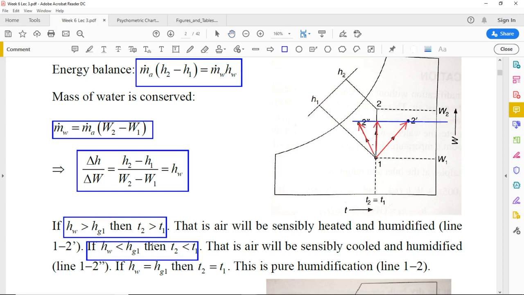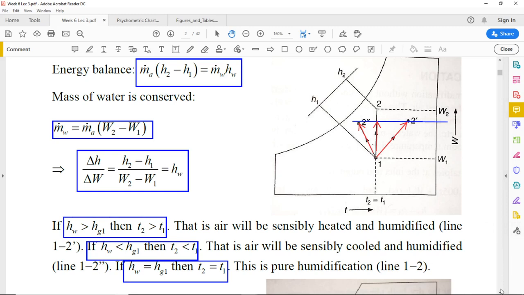That is the third possibility for the humidification process.